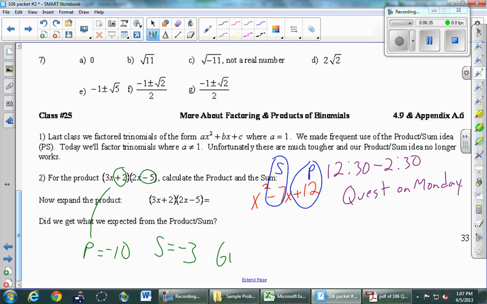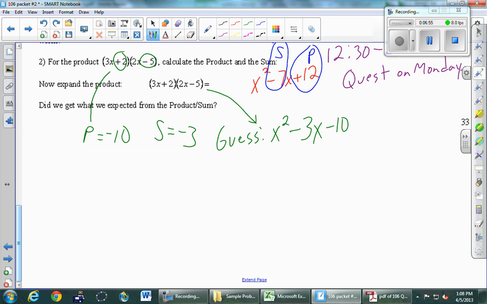So then my guess is that if I actually multiply the thing out, I'm going to get just what we got last class. There's an x squared. Then the sum would be in the middle, right? Just like this minus 7x, but here it looks like it's going to be a minus 3x. And then the product would be at the end, so a minus 10 at the end. That's my guess.